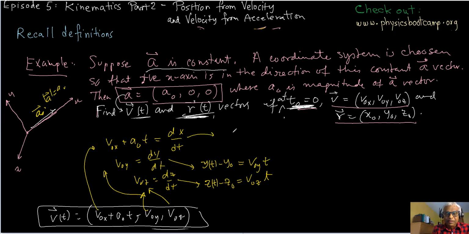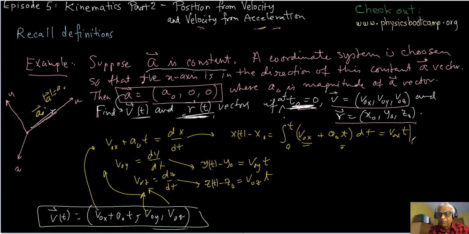Now when I integrate this one, I get x at t minus x0 is the integral from 0 to t of v0x plus a0t dt. And on the right side, when we do the integration, I get v0x t, from 0 to t, plus half a0 t squared, from 0 to t, and so that answer is v0x t plus half a0 t squared.